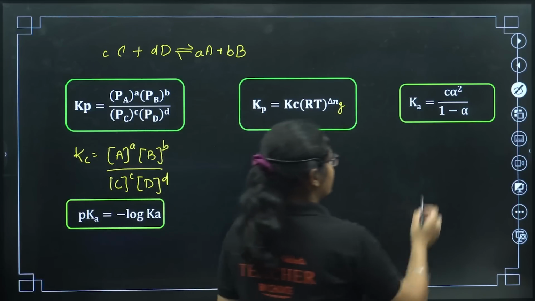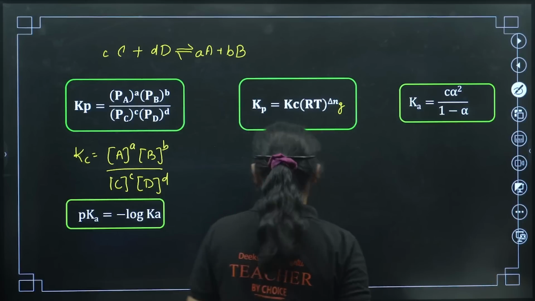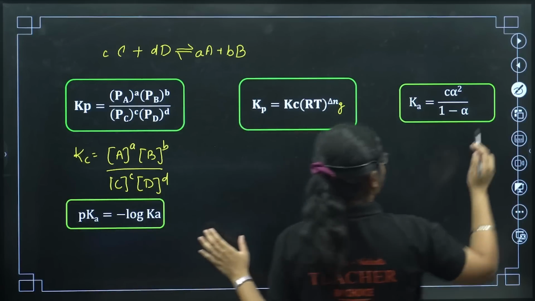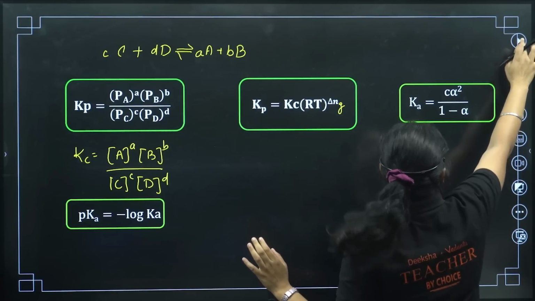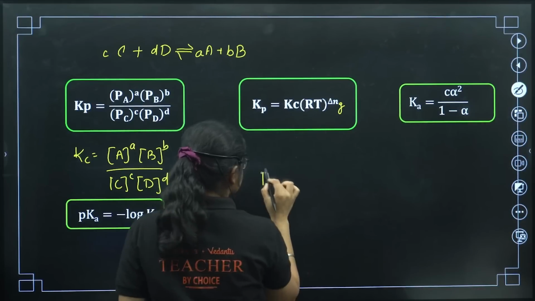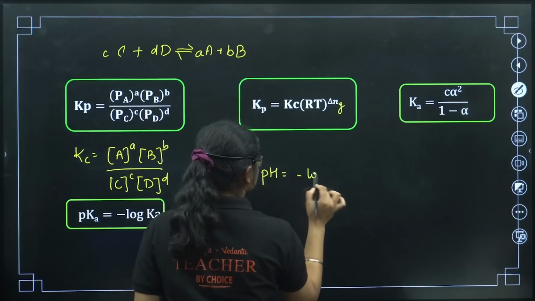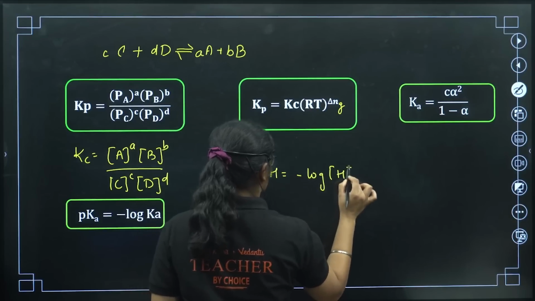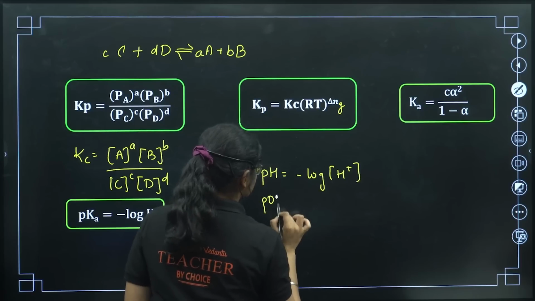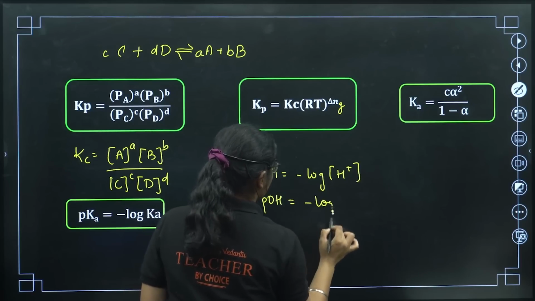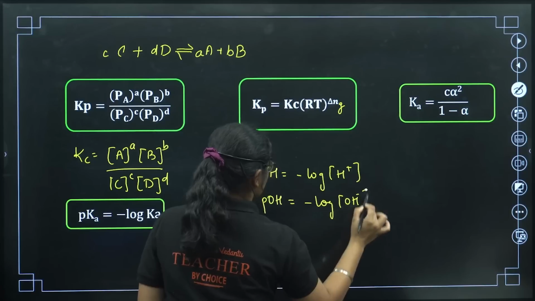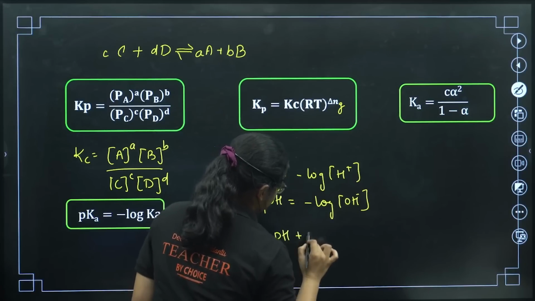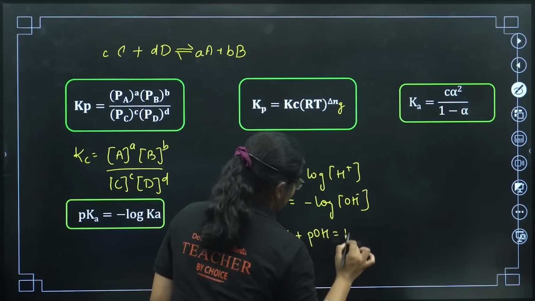And we have Ka, the acid dissociation constant, C alpha square by 1 minus alpha, pKa is equal to minus log Ka. And here pH is equal to minus log of H plus. Then pOH is equal to minus log of OH minus, and pH plus pOH is equal to 14.